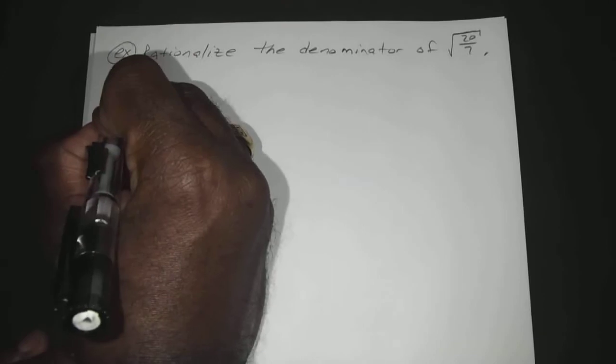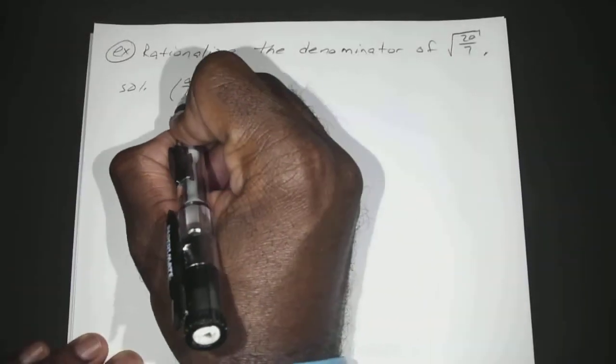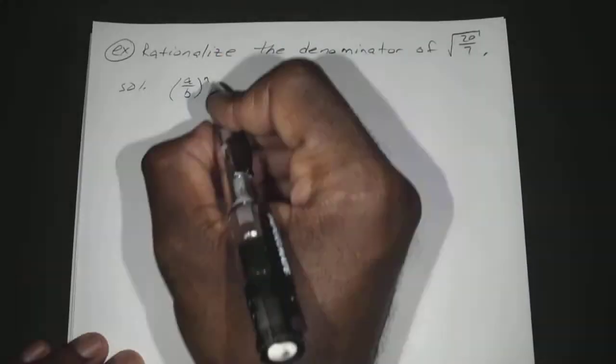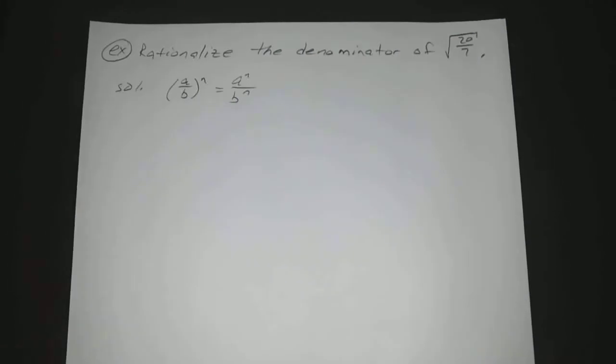The first thing we're going to do is rewrite that. We're going to use the fact that (a divided by b) to the nth power equals a to the nth power over b to the nth power.